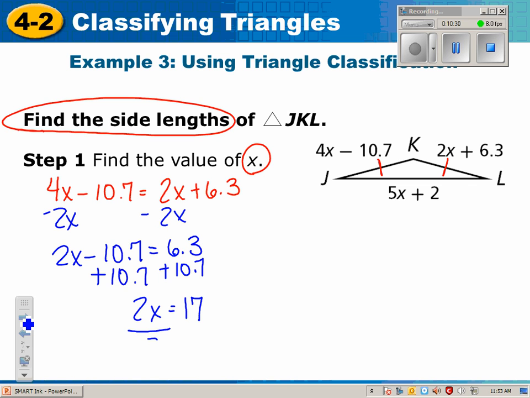And so x is 8.5. Half of 17 is 8.5. So if x is 8.5, we have to plug it back in to find the side lengths. Let's start with JK. 4 times 8.5 minus 10.7. What is 4 times 8.5?